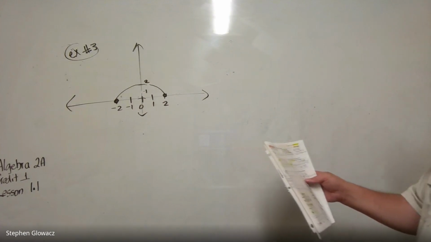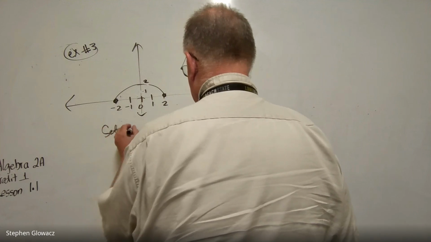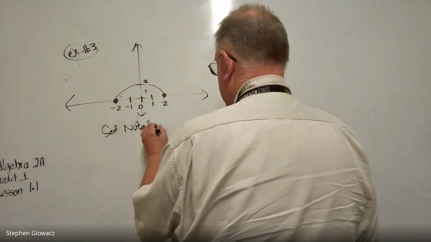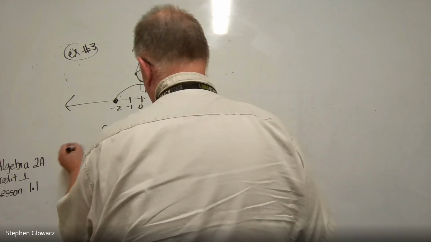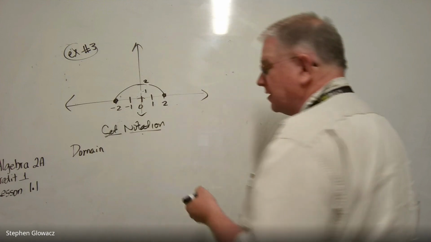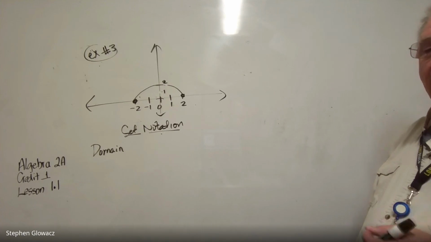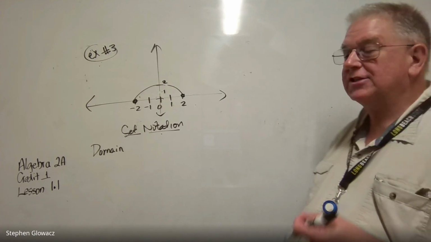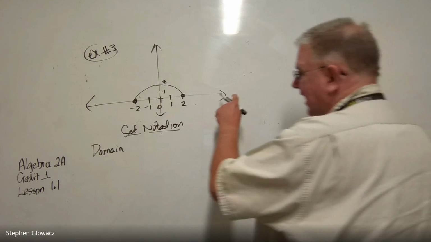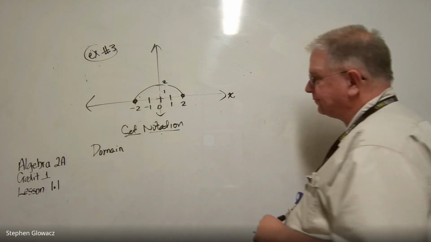Okay, so first of all, for set notation, our domain. Whenever we're talking about domain, we're referring to how the graph relates to the x-axis. And of course, the x-axis is our horizontal axis here.